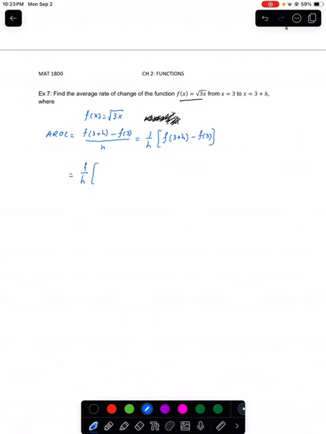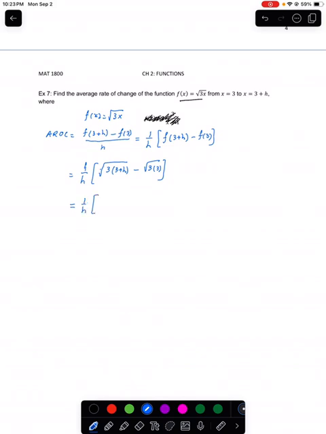Remember, wherever I have the x in the function, I have to replace it by 3 plus h. So I get square root of 3 times 3 plus h for the x value minus f of 3, which means square root of 3 times 3, all times 1 over h.